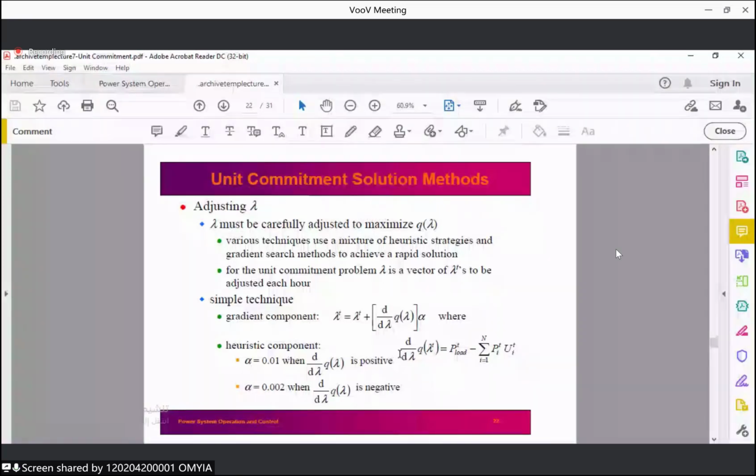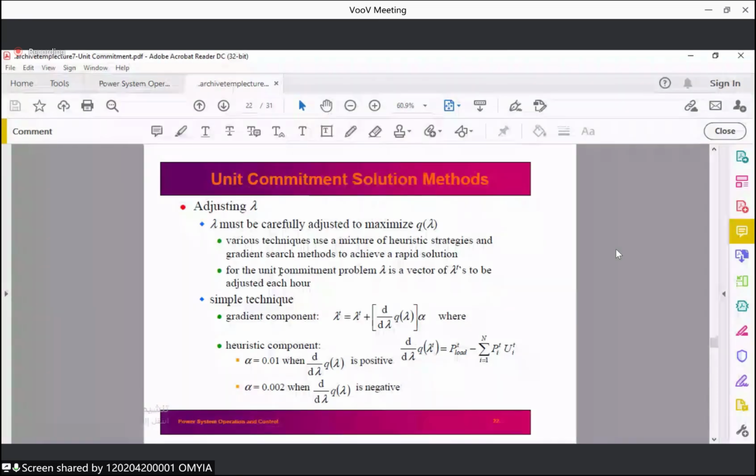We have shown how to schedule a generating unit with fixed lambda(t) for each time period. Now we will adjust lambda. The adjustment of lambda must be done carefully so as to maximize q(lambda).